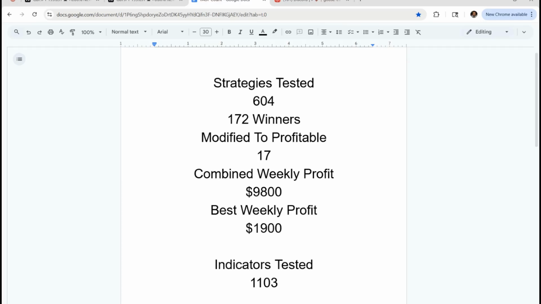And out of those 17 different strategies, we've made every single one either more profitable than the original or profitable when the original wasn't profitable. And that brings us to a total combined weekly profit across those 17 strategies of $9,800. The best total weekly profit from one single one is $1,900.